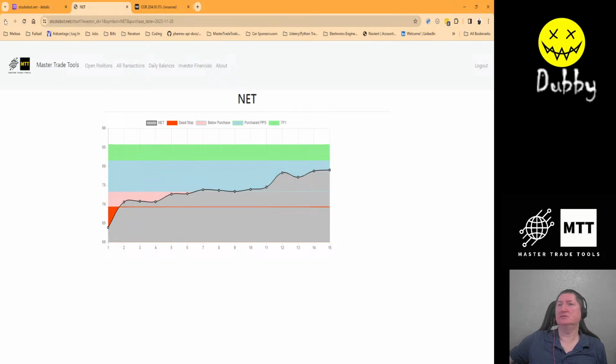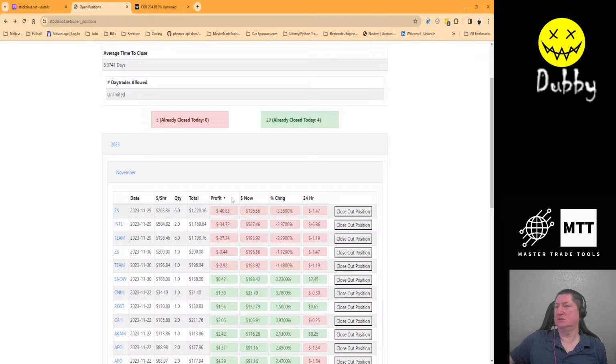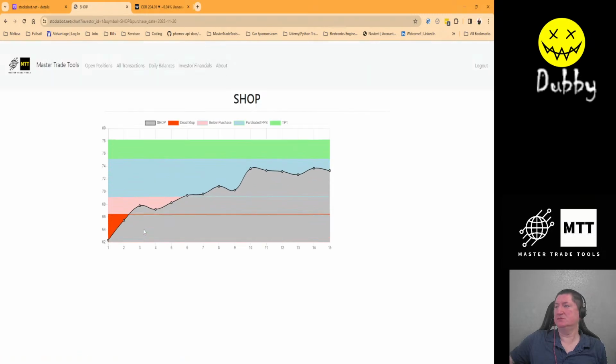Looks good. Shopify had a little bit of a pullback this morning, not too much. 73.86 a share, 73.48 a share.